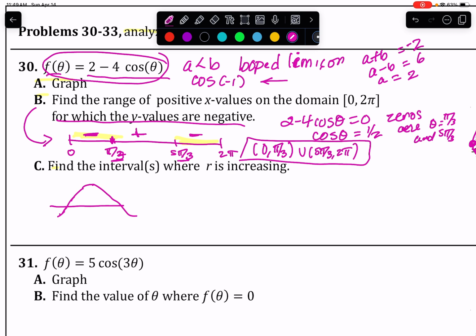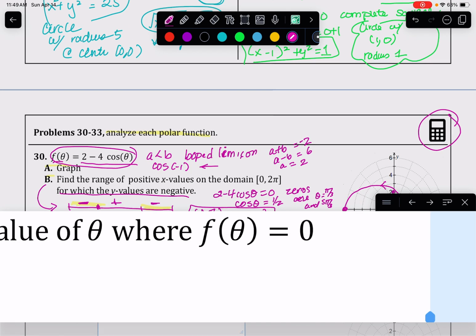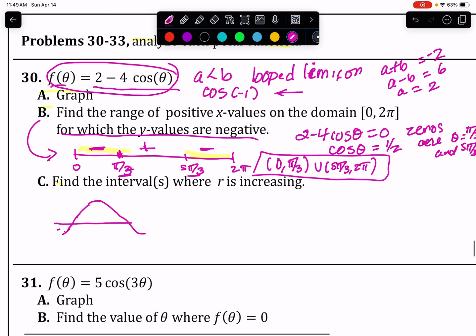And so increasing would be from here to the max. And if you looked at your calculator, that comes out to be 3.14, pi. So 0 to pi would be where it's increasing.